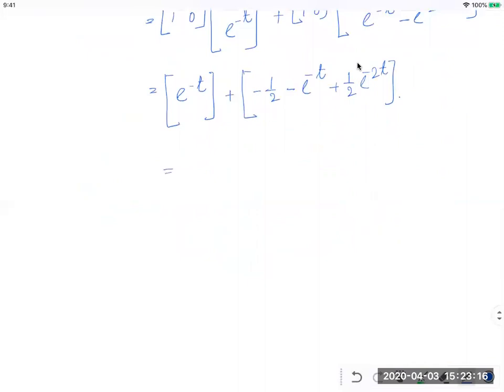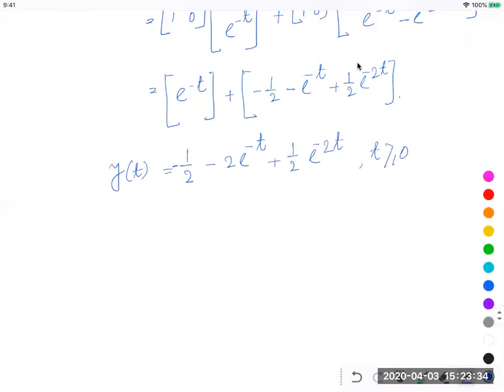So from this it will be minus half minus 2 e to the power minus t plus half e to the power minus 2t. This is y(t) for t greater than or equal to 0.